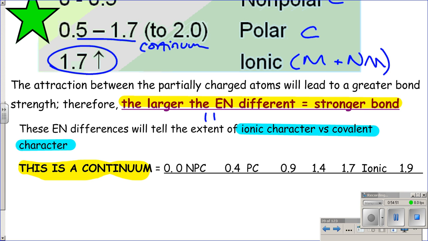So, for example, H and Cl: H has a stronger attraction for Cl than H has for another H. The polar bond is stronger because they have partial positives and partial negatives, versus something even stronger like NaCl, whose electronegativity difference is huge, which makes them two ions with full charge differences. And this all relates back to Coulomb's law.